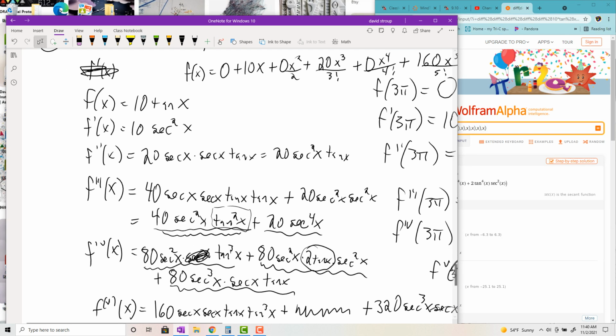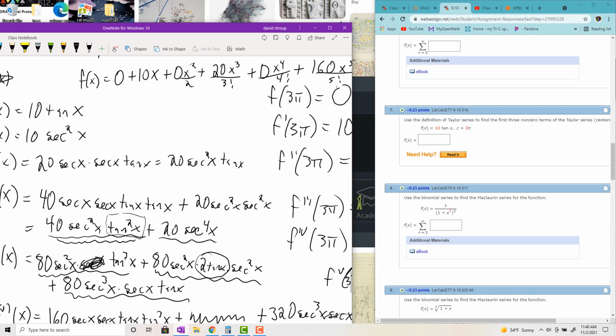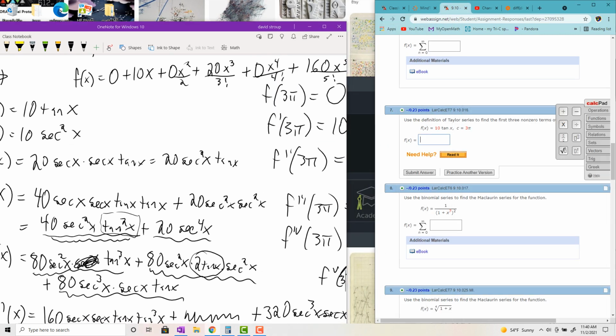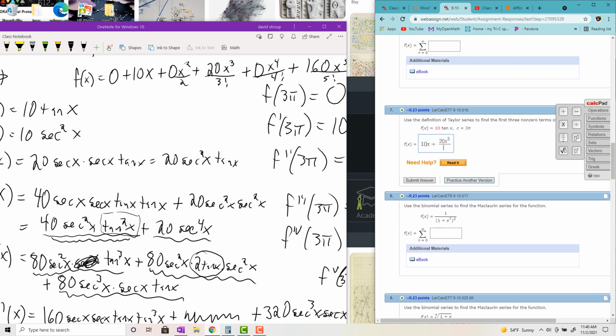Okay, and that should be the answer. Let's see how many times I have to do this before I get it right. 10x plus 20x cubed all over 3 factorial plus 160 x to the 5th all over 5 factorial.